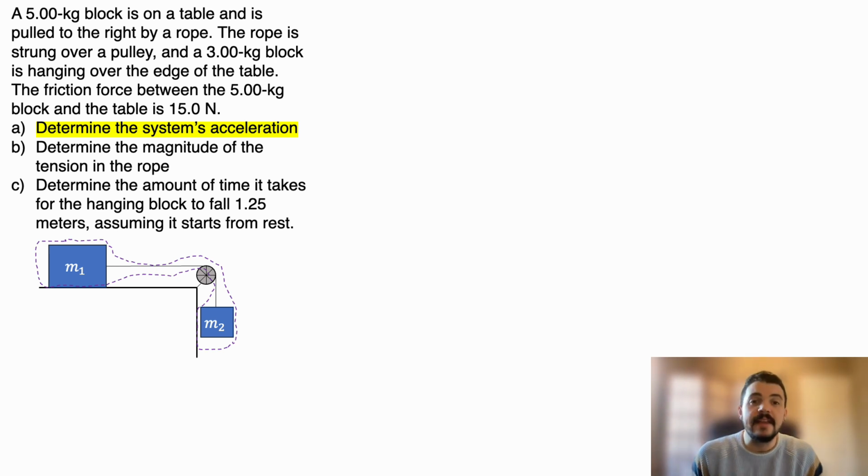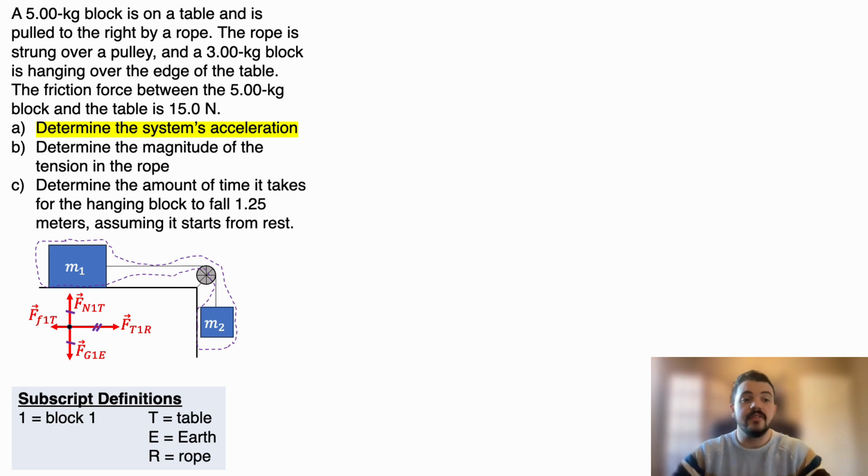Even if I were just trying to find the acceleration of one of the blocks individually, this is probably the system I would choose still, because the system acceleration will be the same as block 1 acceleration, which will be the same as block 2 acceleration. They are all connected. And this system allows us to ignore the tension in the rope because that's internal to our system, as we will see later in this video.